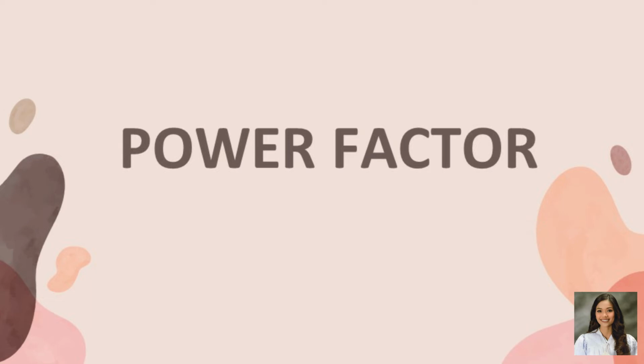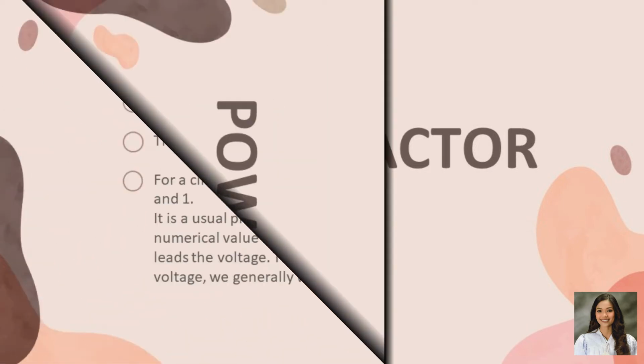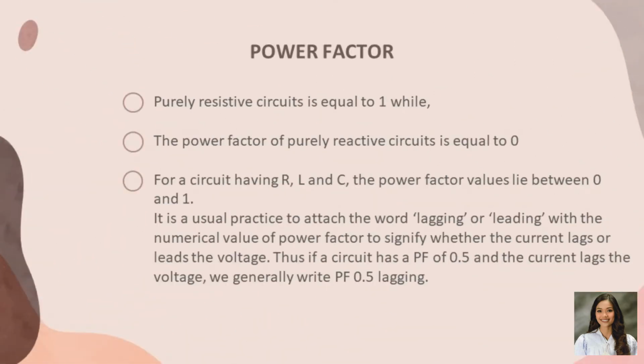Next is power factor. The power factor in purely resistive circuits is equal to 1, while the power factor of purely reactive circuits is equal to 0. For a circuit having R, L, and C, the power factor values lie between 0 and 1.